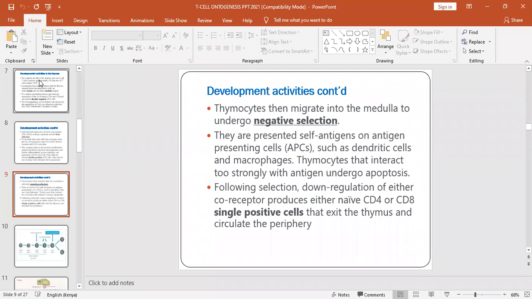So during the process of negative selection, the T cells have to be selected to be allowed into blood circulation so that they don't react with self-antigen. If you remember, and we are going to talk about these words, positive selection, in the cortex, immediately from the thymus, from the blood, the cells migrate and reach the cortex region.